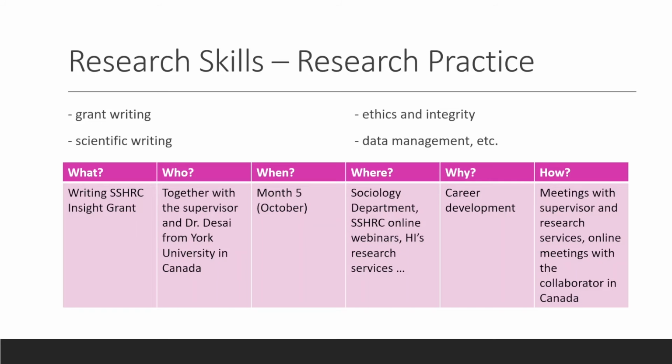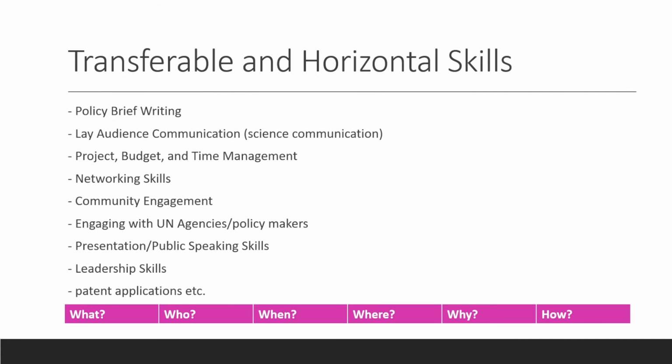These transferable skills are usually important for your career development, so they might also be included later in your career development plan. Other transferable skills that could be important to include are writing policy briefs, science communication skills, project management, including budget and time management, and networking skills. For this item, think about what events, except conferences, you could attend to expand your networks.